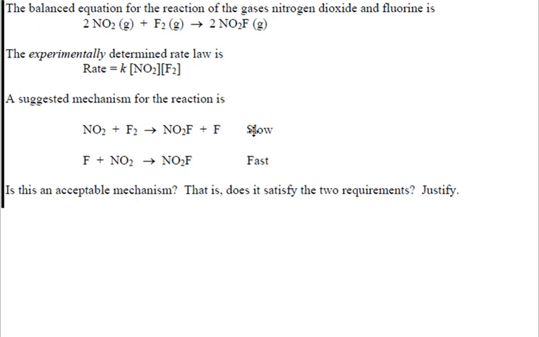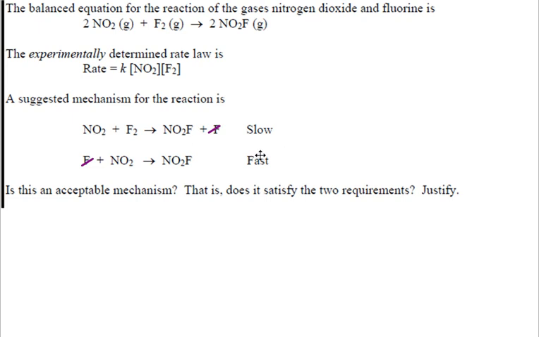So that means that fluorine, we can immediately say, fluorine, you, sir, are an intermediary. I can cross you out. You don't count. And that first collision is really slow to happen. But that second one goes really fast. Well, what is limiting this reaction? The slowest step. This is the Ethel and Lucy of the reaction. So it's going to limit it.